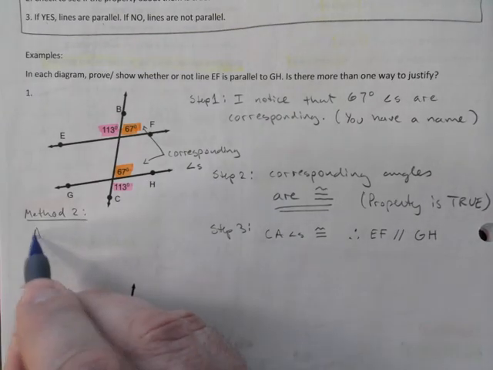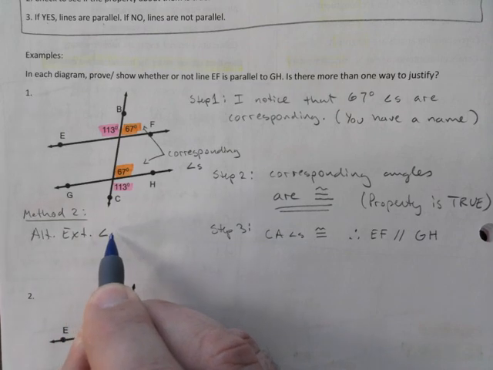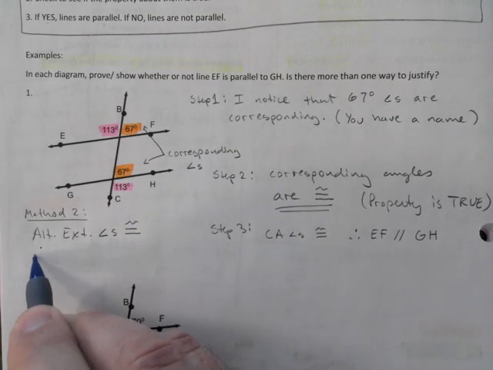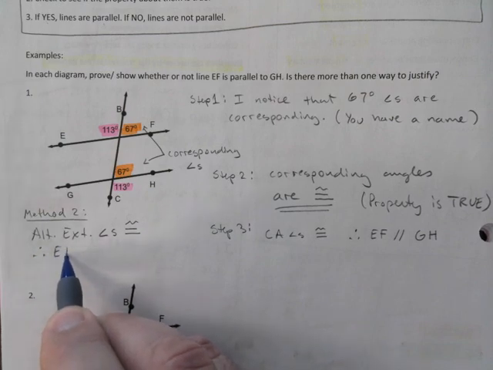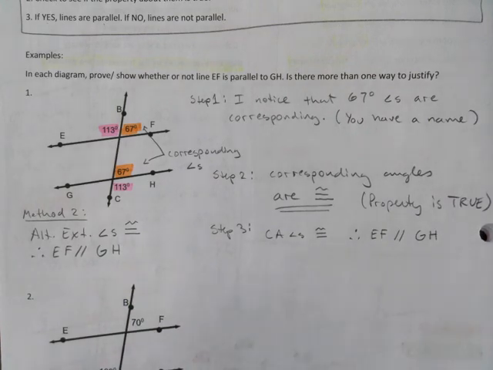Alternate exterior angles are congruent. Therefore, EF is parallel to GH. Done. That is as simple as you can do it, but not always.